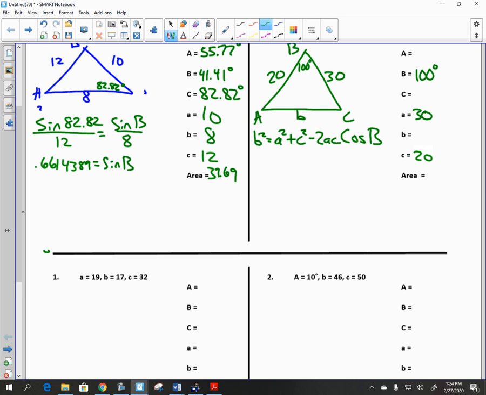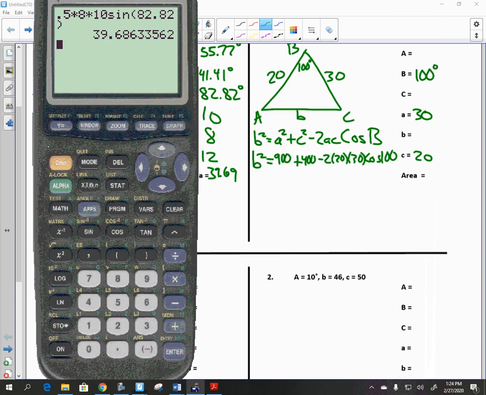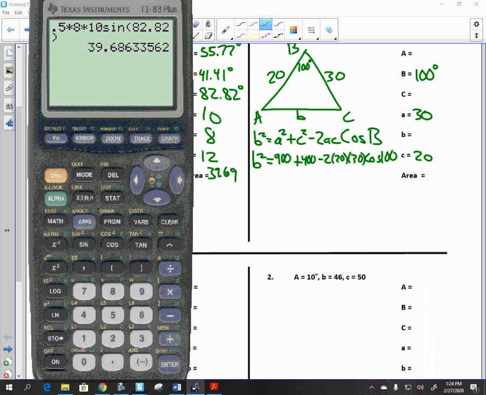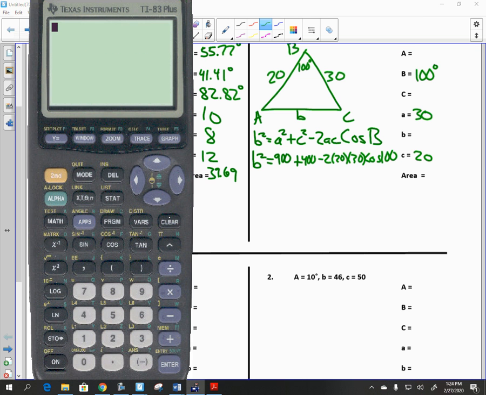So it works out nicer if I'm given the angle. I've got B squared is, A squared is going to be 900. C squared is 400 minus 2 times 20 times 30 times a cosine of 100. So again, if you got one of these fancy Texas Instruments calculators, it doesn't have to be a graphing one, or I think some of you have one on your phone that actually does order of operations?